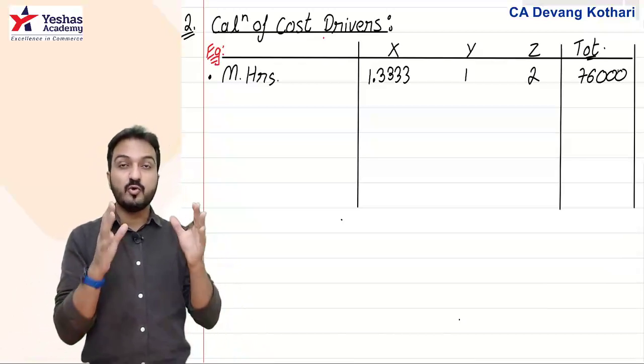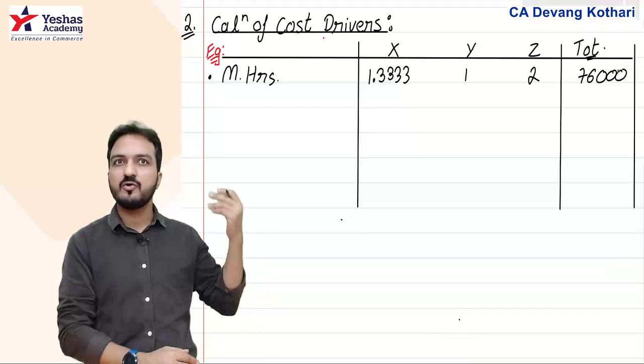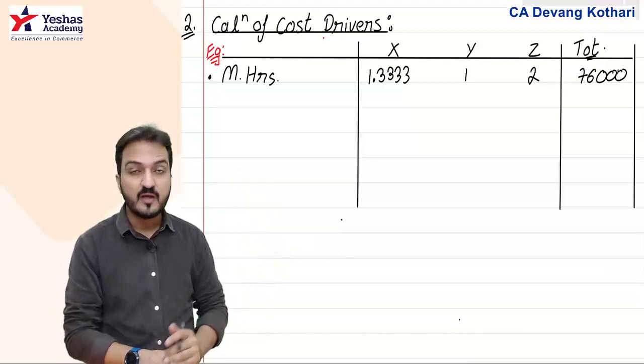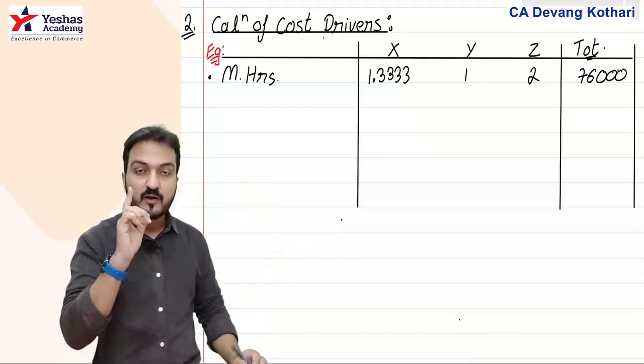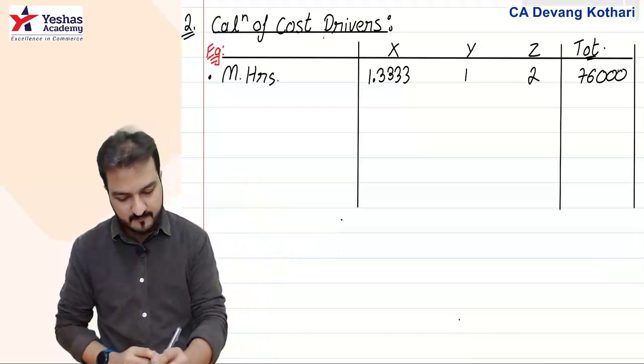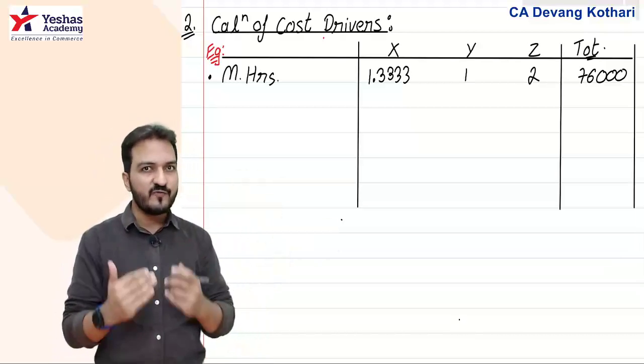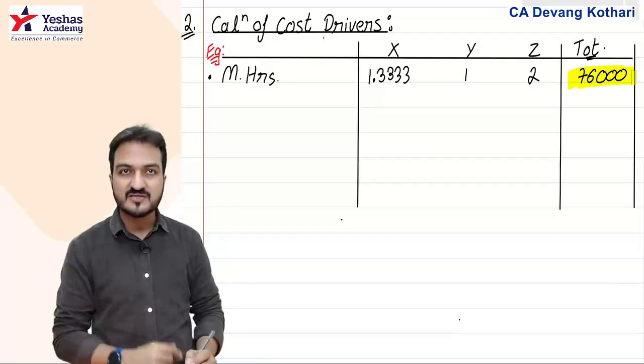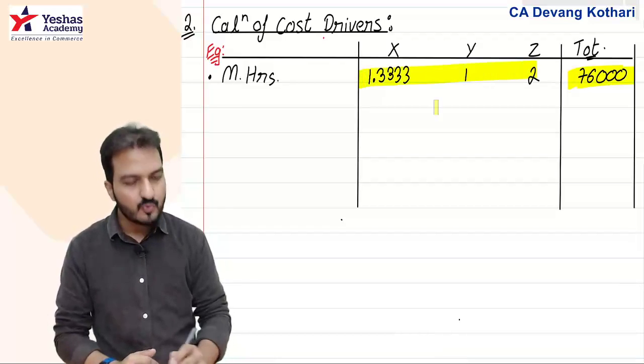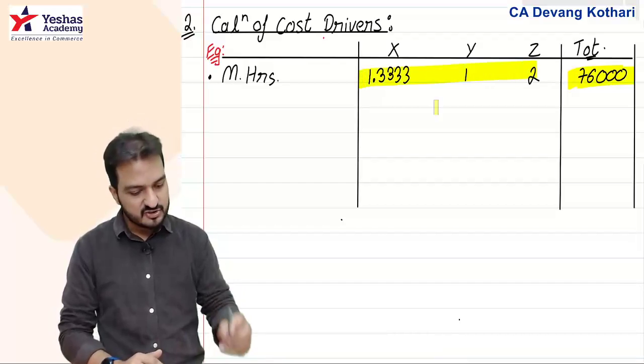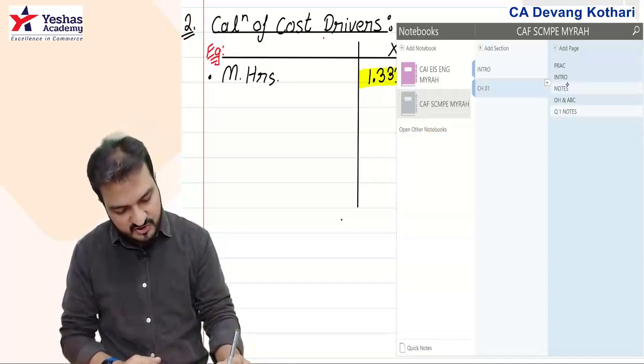Now you are given product wise machine hours and the total machine hours. My first discussion here is where in your calculation are you using the total machine hours, and where are you using product wise machine hours?